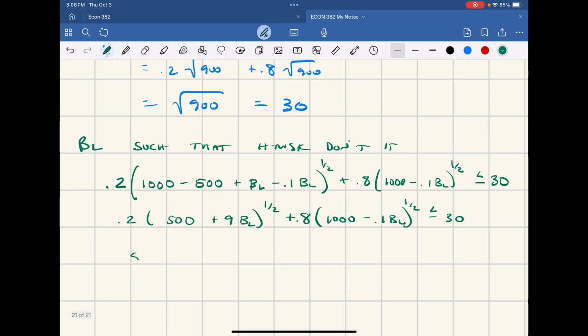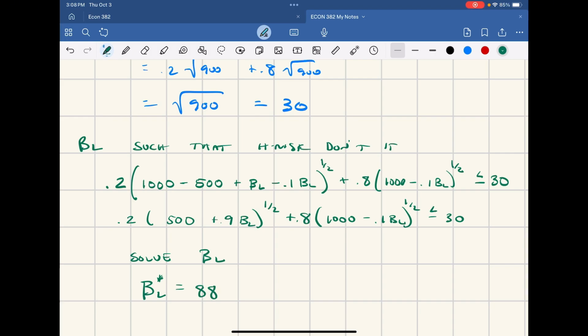And now we would solve for BL. Now, algebraically, this is going to be nasty by far. So let's go ahead and use computers and computation to help calculate what BL is. In this case, if I use that computation, BL is going to equal 88.